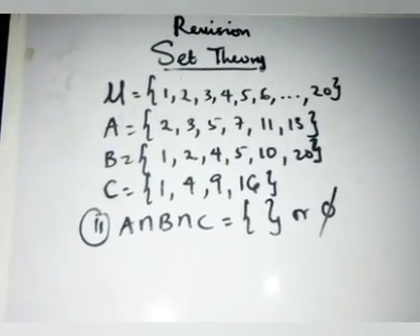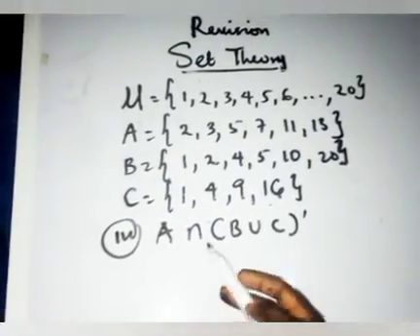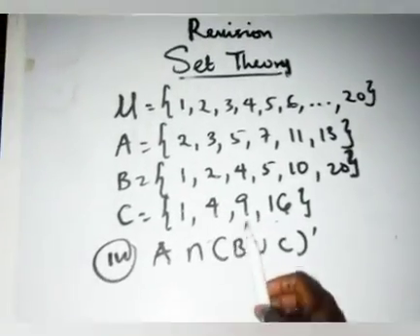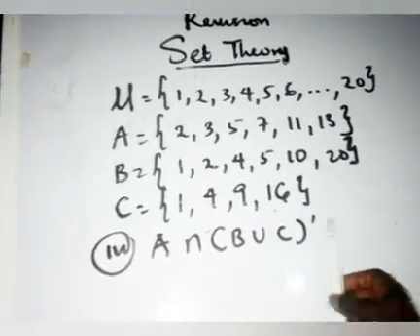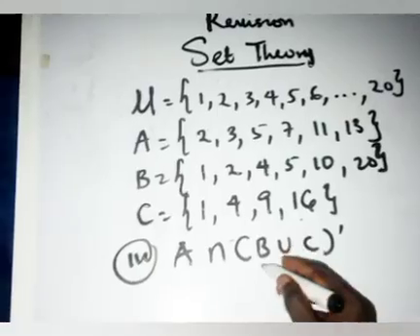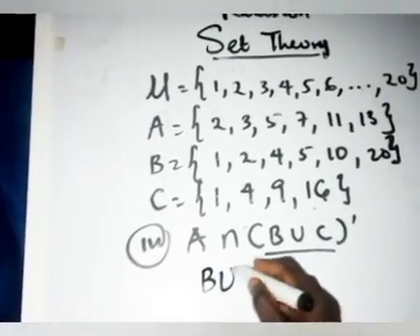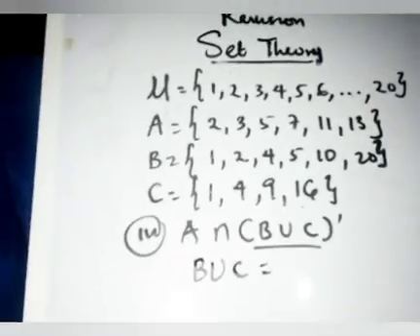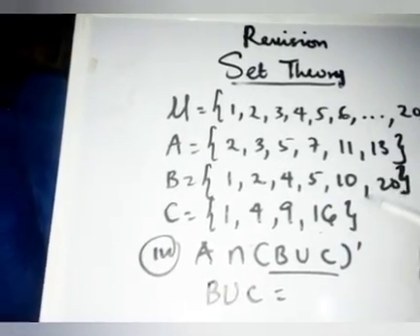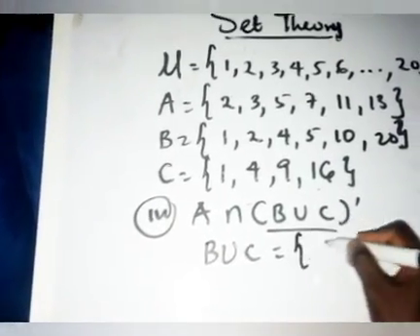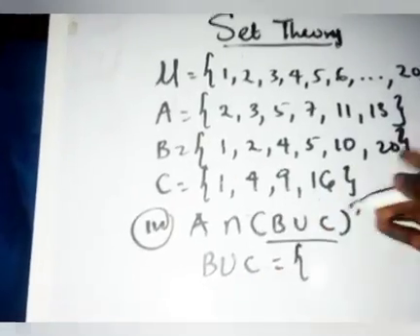We move to number three. Number three says A intersection open bracket B union C close bracket prime. So the first thing to do is the one in the bracket, which is B union C. B union C simply means we join the elements in B and C together without repetition.